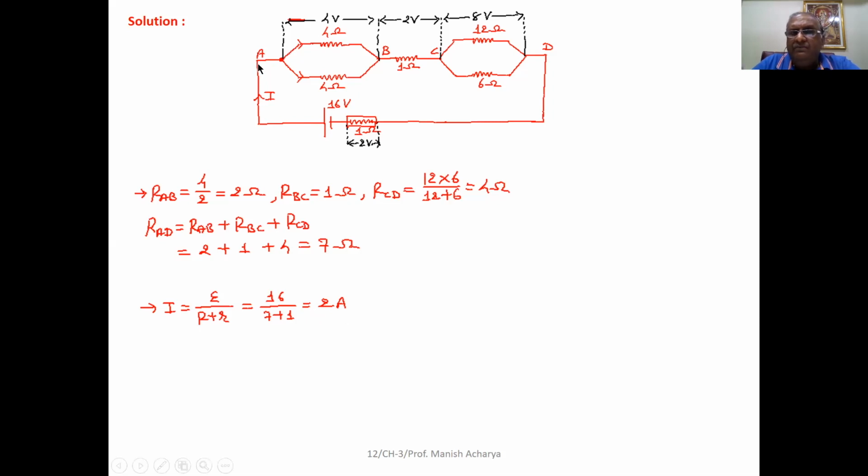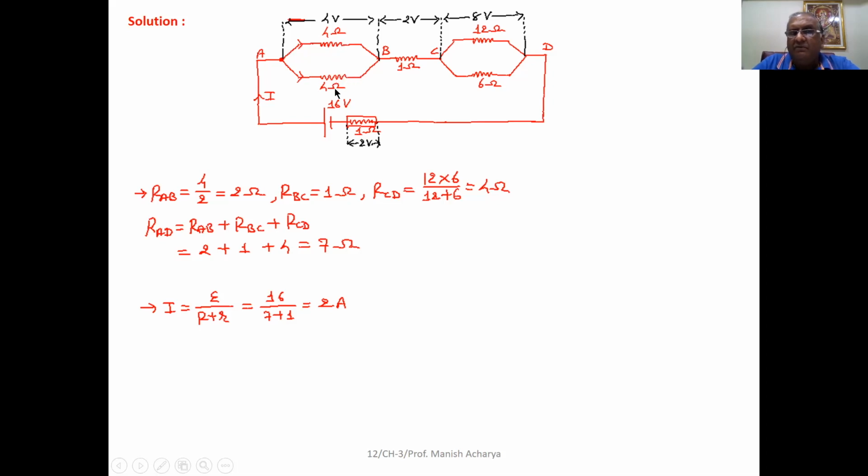Now this 2 ampere current is divided into two parts between A and B, but see here, both the resistors are identical, 4 ohm, 4 ohm. So the 2 ampere current will be distributed equally. So 1 ampere will flow through the upper 4 ohm resistor, and 1 ampere will flow through the lower 4 ohm resistor.